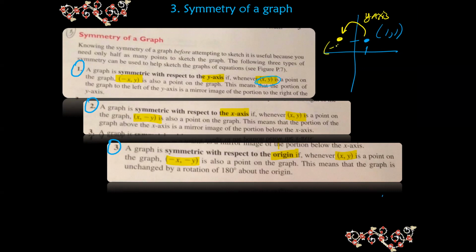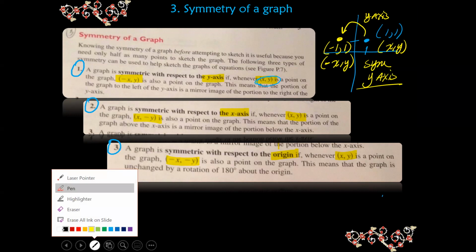It becomes negative 1, 1, which makes sense because (x, y) becomes (negative x, positive y). So this is when something is symmetric with respect to the y-axis. And that's generally how I visualize it.